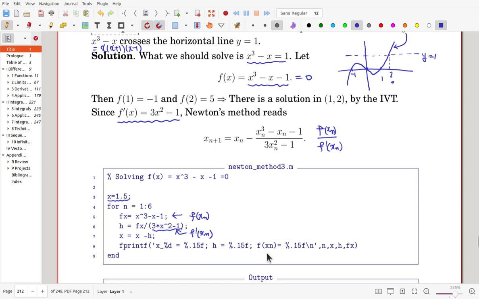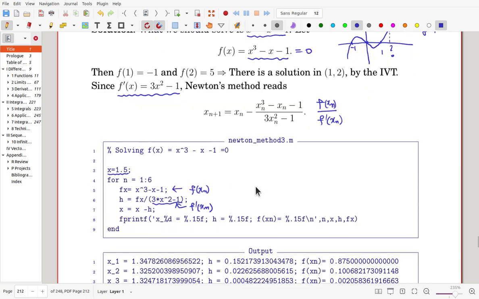At xn, the function value f of x is computed here, but in fact the f of x is the old one, so when you look at the output, you have to look at the last column, the row below.